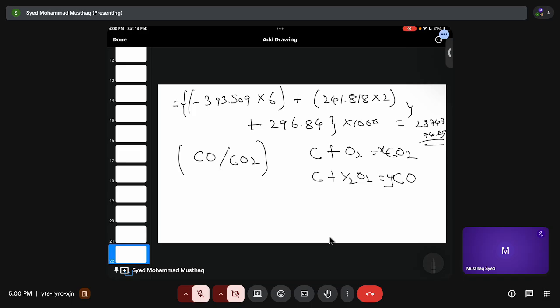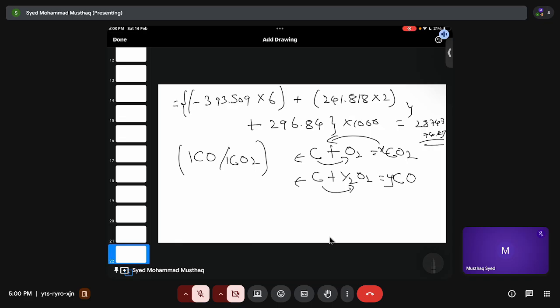If I know the x and y part, I can back calculate the amount of carbon that has gone into this reaction, and from there we can calculate the percentage of oxygen that is required, the theoretical oxygen that is required. Let's say our ratio is 1:1. Let's not complicate.